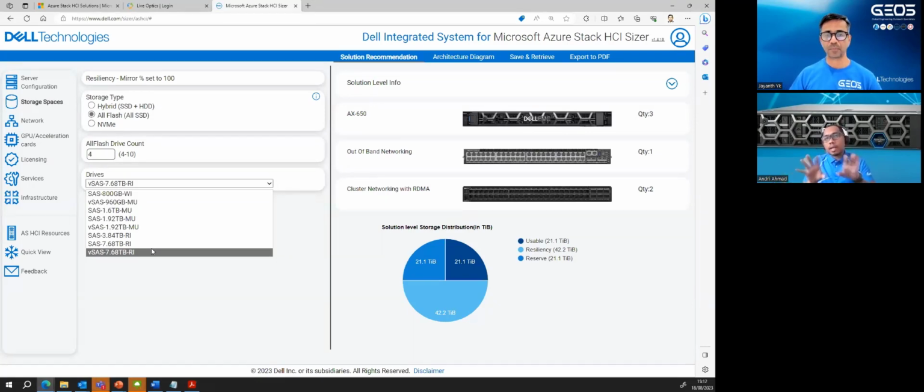So your data will be divided into 256 megabyte slabs, and it's balanced across all the nodes and all the disks. So you won't have any hotspots. A particular disk will not be quite intensive in terms of read or write. So all your disks will be balanced in terms of read or write intensity.